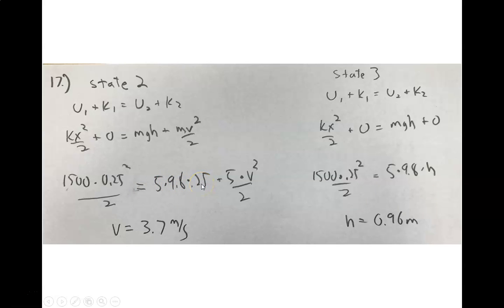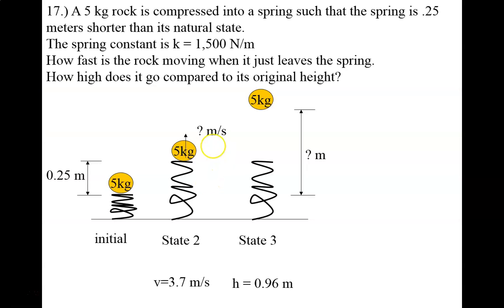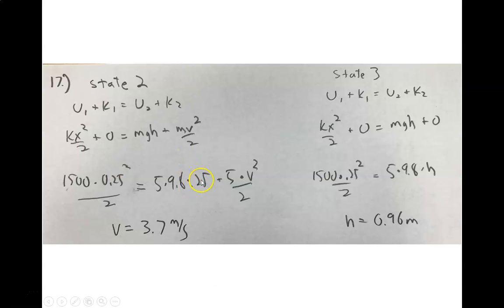Now we used the same quarter of a meter here because that was how much the spring was compressed from its natural state, and this is how high it's elevated when it reaches its natural state. So that's why we were able to use that number twice, plus 5 v squared over 2. So anyway, velocity equals 3.7 meters per second.